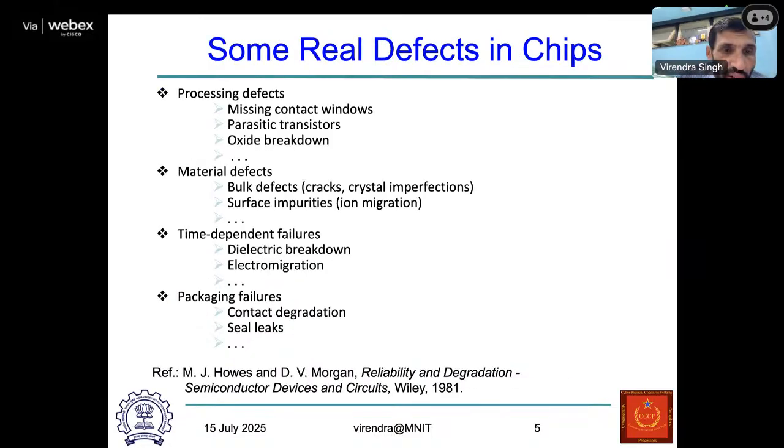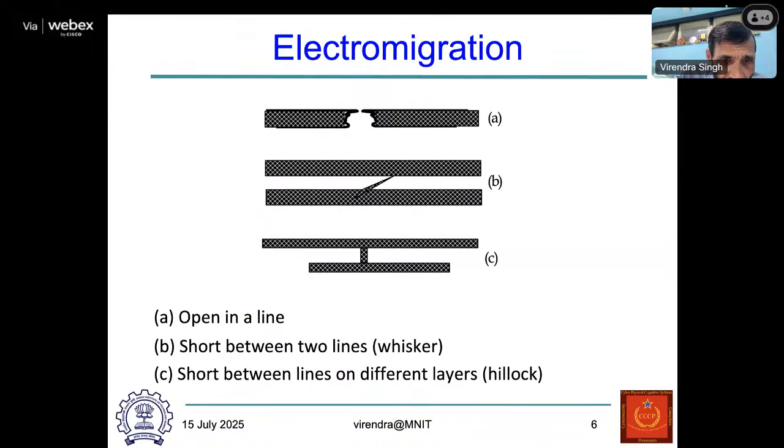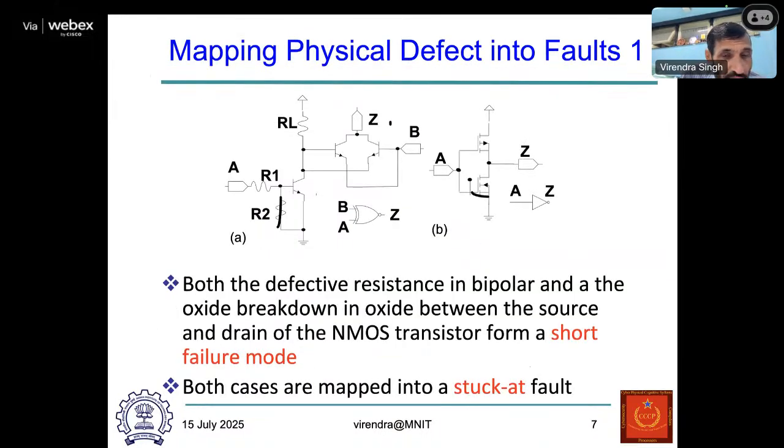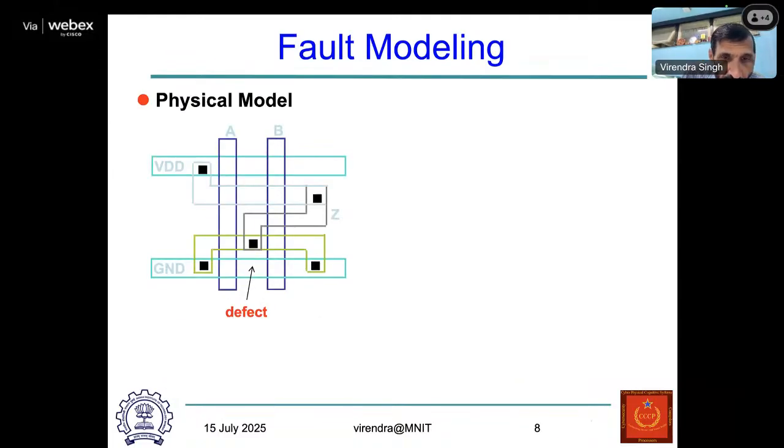Now, the numerous defects that we had already discussed yesterday, the defect can be like the resistors here, or the gate and source, or something like that, and that can be lumped at a net in the circuit. So now we can model it.